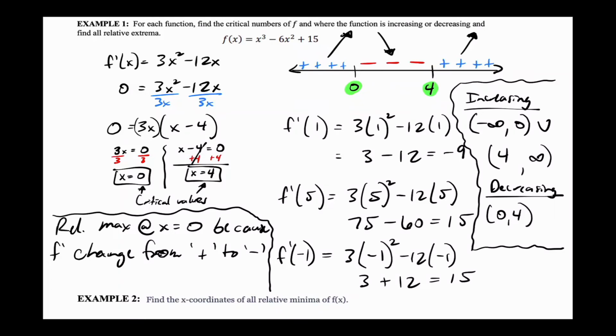If f prime changes from positive to negative, it means it changes from increasing to decreasing. Because if I just put it went from increasing to decreasing, well, why? There was a reason. Get down to the actual problem. Why did it increase? Because the derivative was positive. Okay?